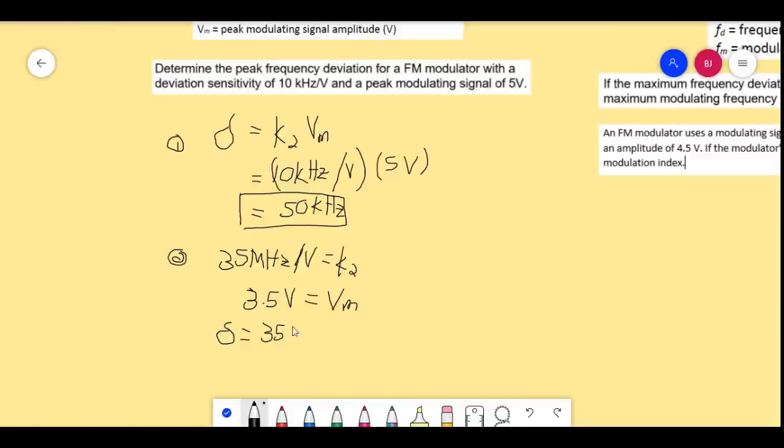So we have 35 megahertz per volt, multiplied by 3.5 volts. The volts would cancel out, and the unit would of course be megahertz.